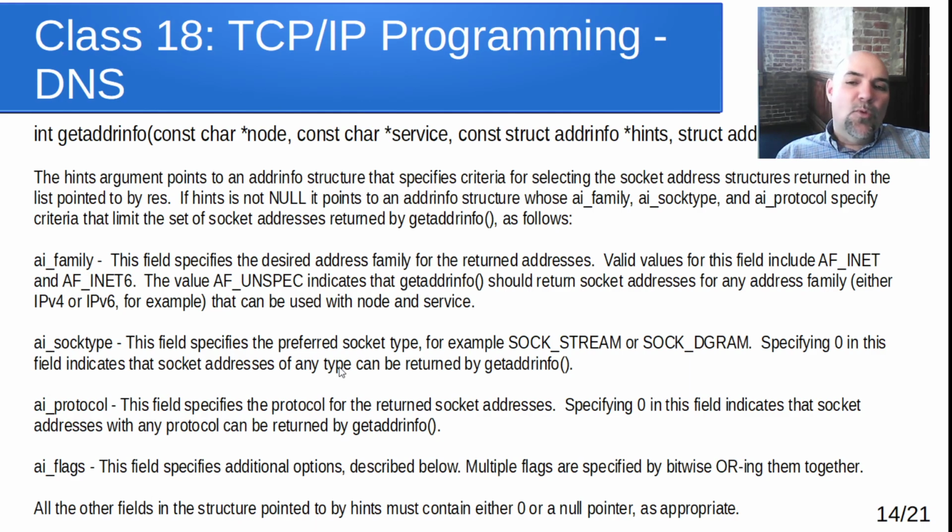So in other words, we're passing into it in this hints information about the kind of thing we're trying to look up. Those things that we pass in are the family, the socket type, the protocol, flags. And it says all the other fields in the structure pointed to by hints must contain either 0 or a null pointer as appropriate.